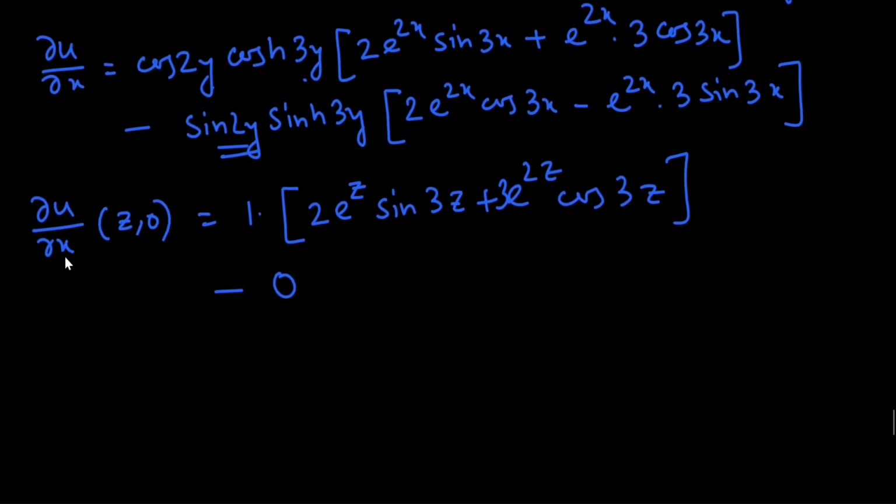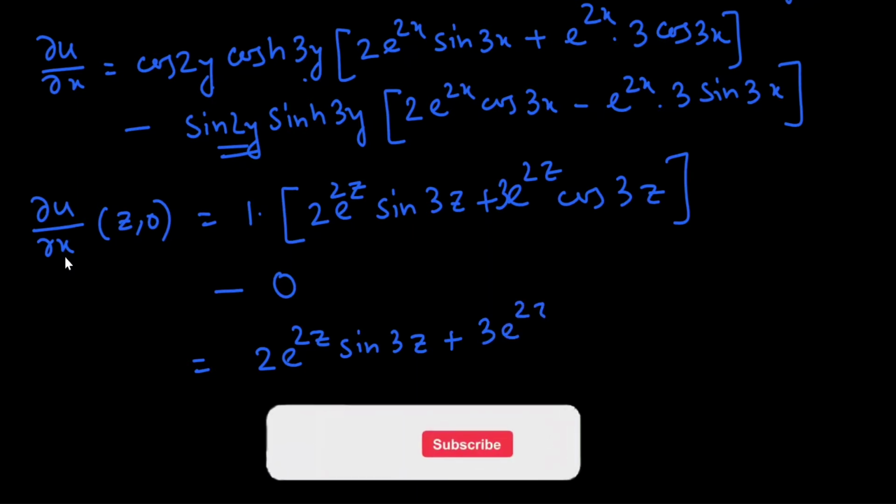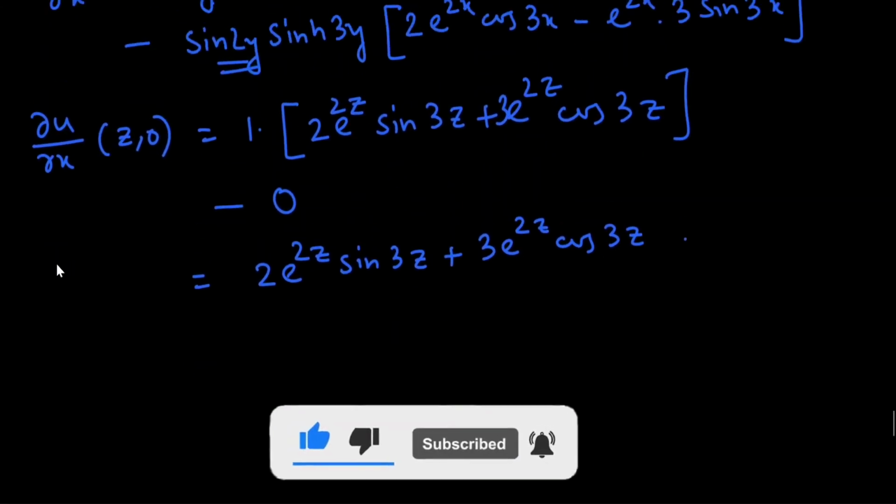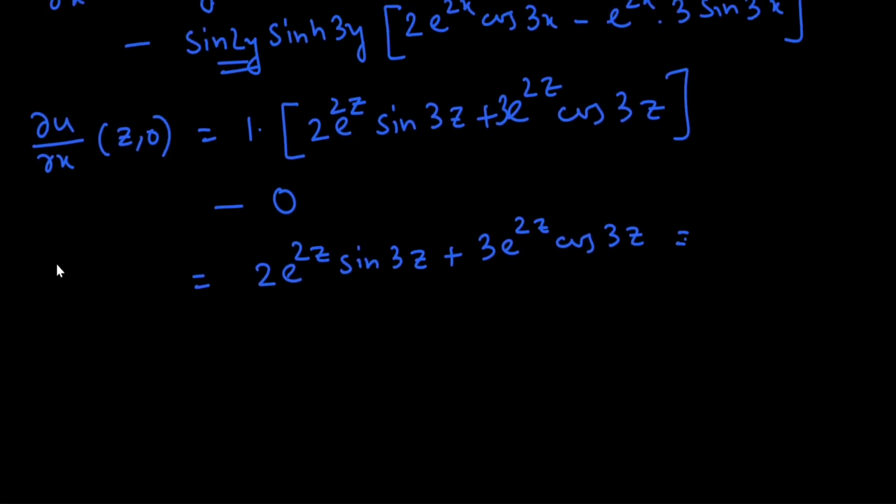So this is equal to clearly 2 e to the power 2z sin 3z plus 3 e to the power 2z cos 3z. This is a very calculative question. This is equal to our phi 1 (z,0).